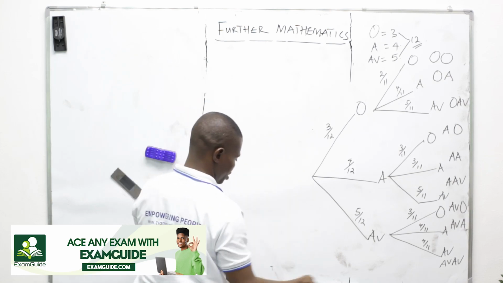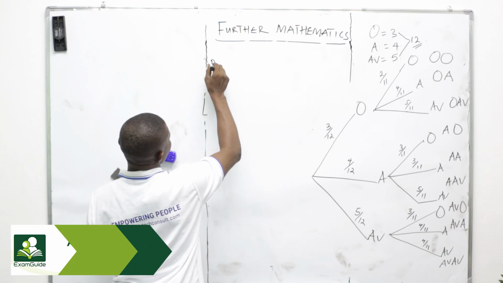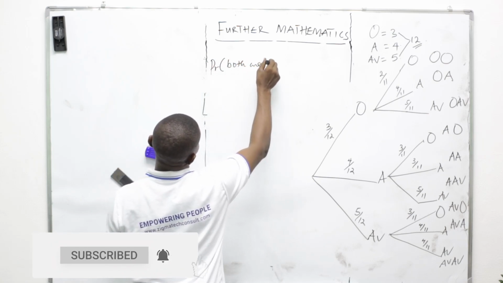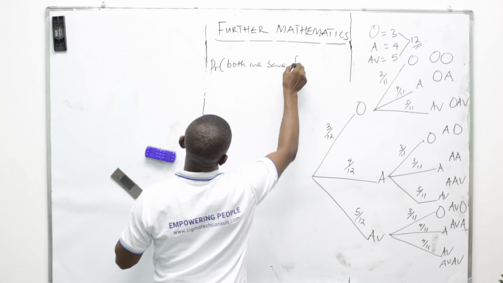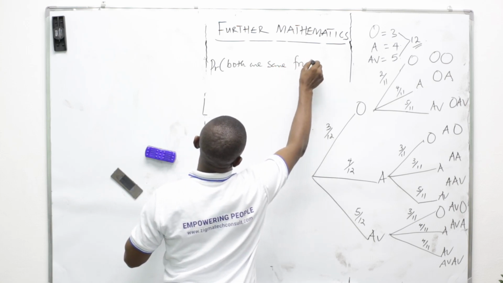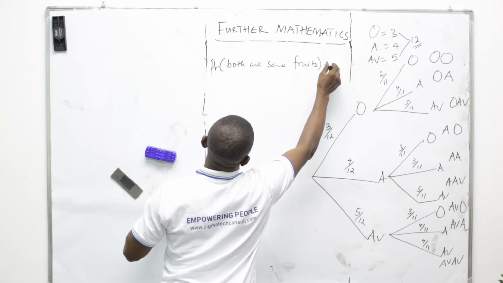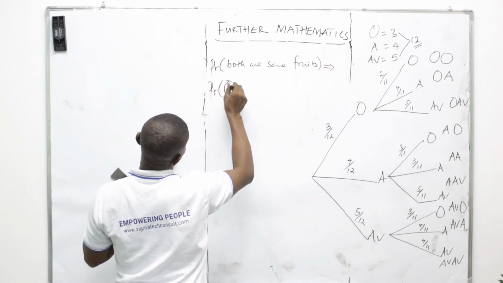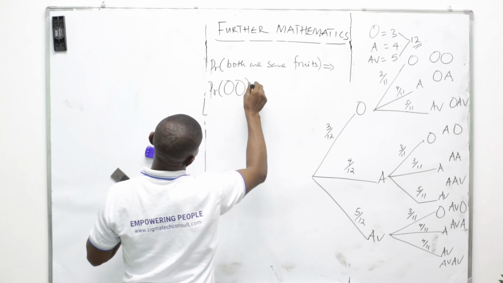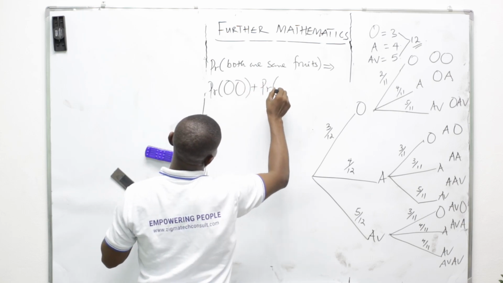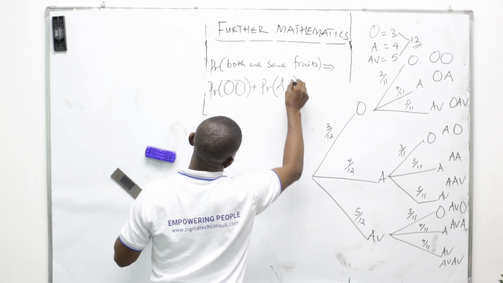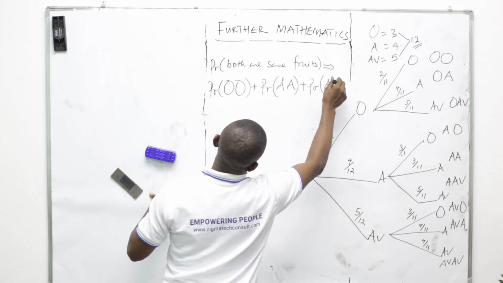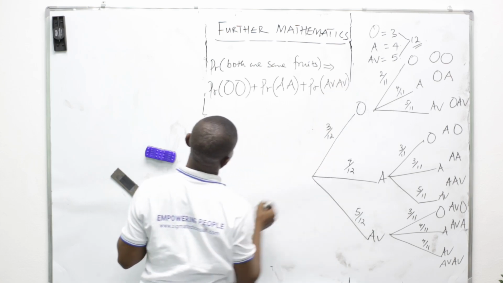I said the probability of both are the same fruits implies that it is either probability of orange, orange, plus probability of apple, apple, plus probability of avocado pear, avocado pear.